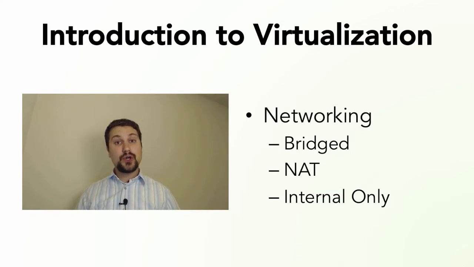And then finally you have internal only, and this essentially means that VM to VM communication happens internally to the machine. They have no connectivity outside. You are setting up a virtual LAN for these VMs to talk to each other, but they won't be able to talk to anything else outside of that virtual LAN.